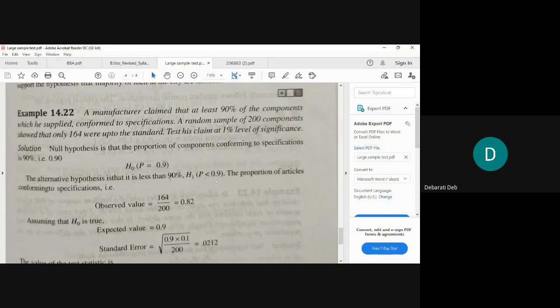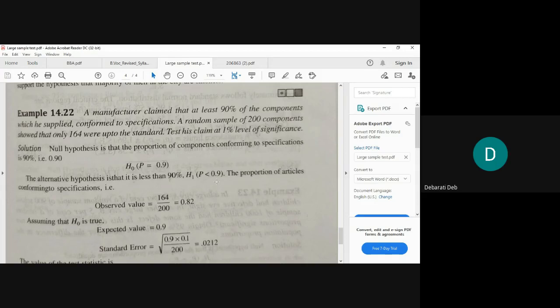Okay, you can do that, but every time this idea will not work. In this sum it is working. I take your answer, but the main thing is you have to see the actual data. Out of 200 components, 164 are up to the standard.